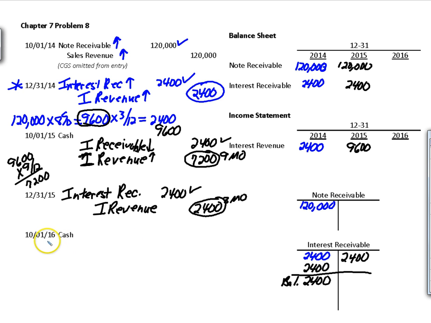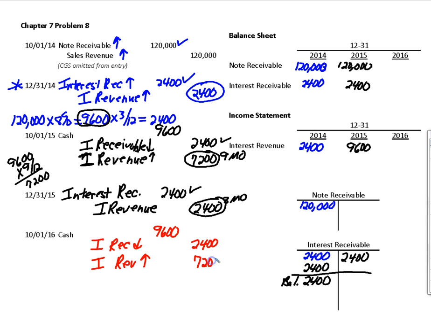Okay, then another 9 months goes by, cash will come in again, this $9,600. We want to zero out interest receivable, so get rid of the $2,400 in interest receivable. And then we also want to recognize that 9 months in 2016 of interest revenue. 3 months and 9 months. Okay, we post our interest receivable.